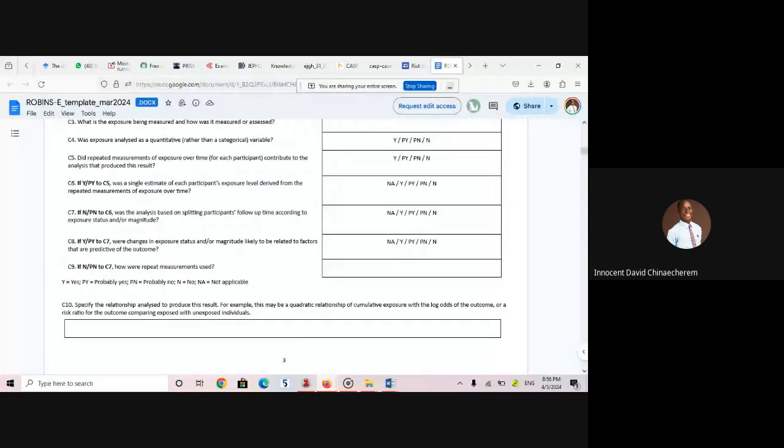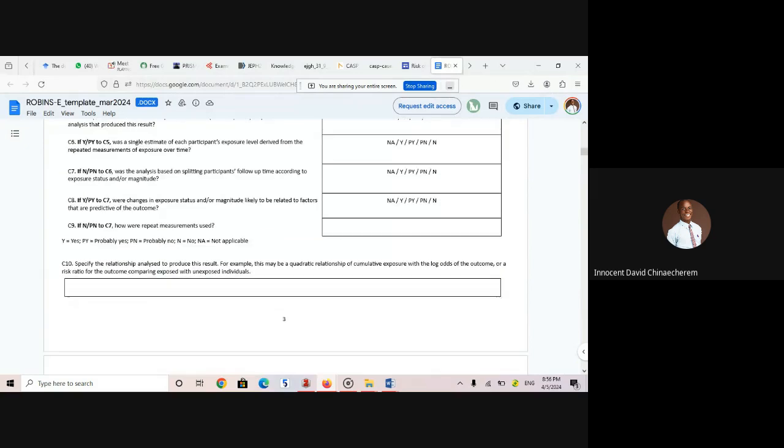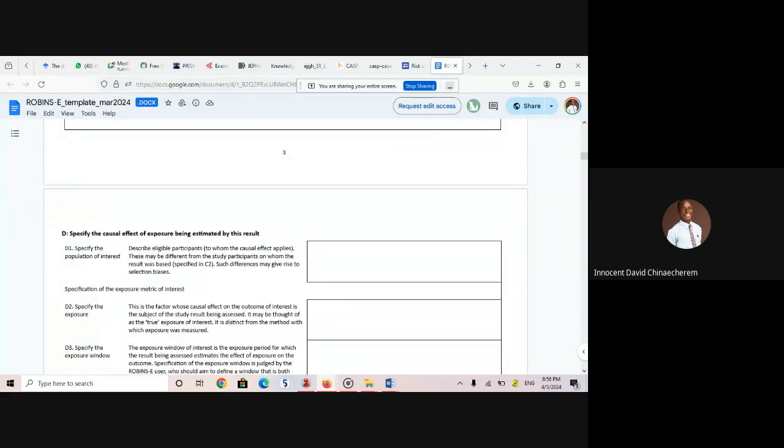They are still used, but it's better for you to use a much clearer tool that is specific for that particular design. That's going to help you get the particular information that you need, and it will help you to properly screen the study.